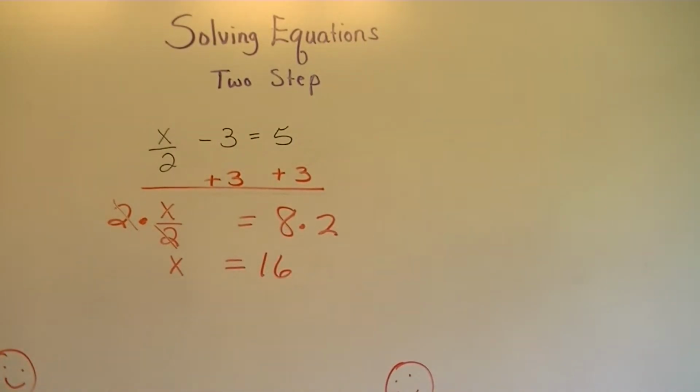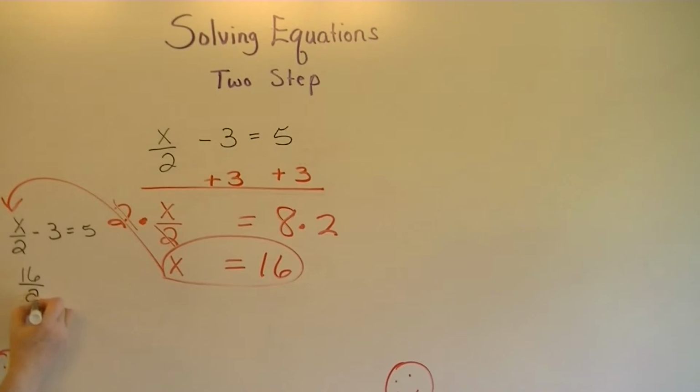Now let's say that I want to check that. I'm going to write my original equation. And we said x is 16. So I'm going to take that and plug that in for x. So I've got 16 divided by 2 minus 3 equals 5. 16 divided by 2 is 8.